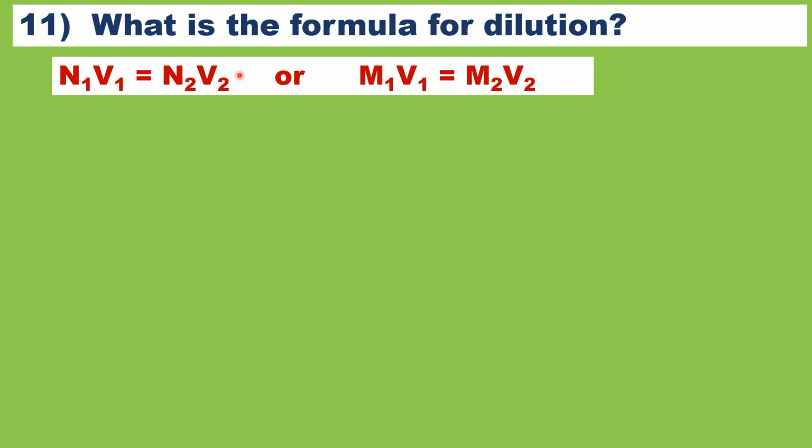For example, you have 100 ml volume, and you have N1 normality 0.1, let us say. Now you add 50 ml. You need 150 ml, so you add water to make 150 ml. So what is the normality? So N1 you know is 0.1, V1 volume is 100, and V2 is 150 ml. So what will be the normality? This is the formula used for calculation.